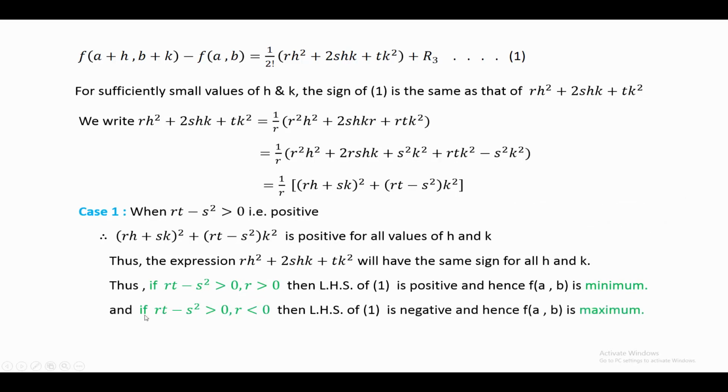Now case second, if rt minus s square is positive, this total bracket is positive, but r is negative. This bracket positive, r negative, then this left hand side is negative. f(a+h, b+k) minus f(a,b) is less than 0, because rt minus s square positive, so the total bracket is positive, but r is negative, so the right hand side is negative.